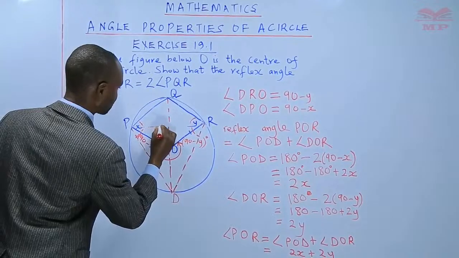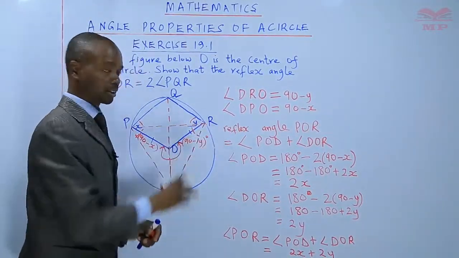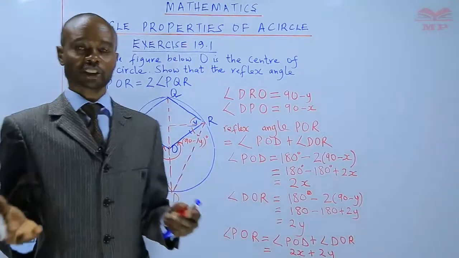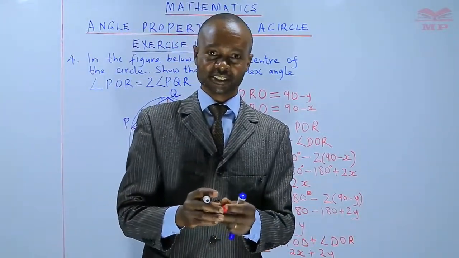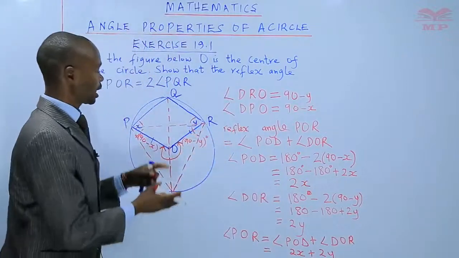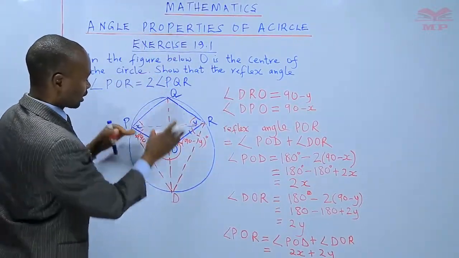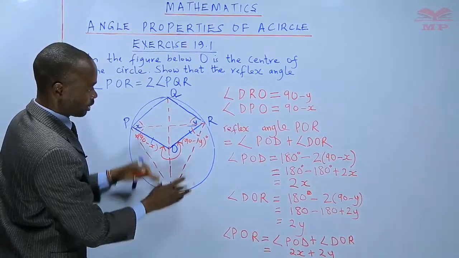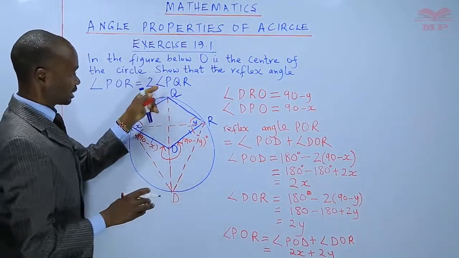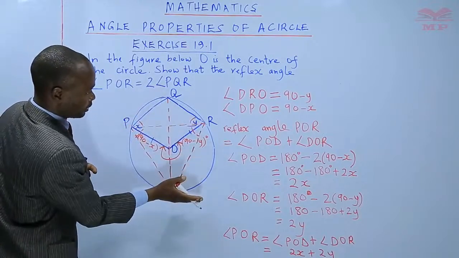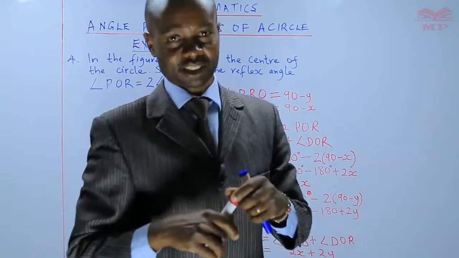Once you introduce a chord in a circle, it will cut that circle into two regions. The region above here is smaller than the region below. So the smaller region acquires the name minor segment, and the bigger region acquires the name major segment.